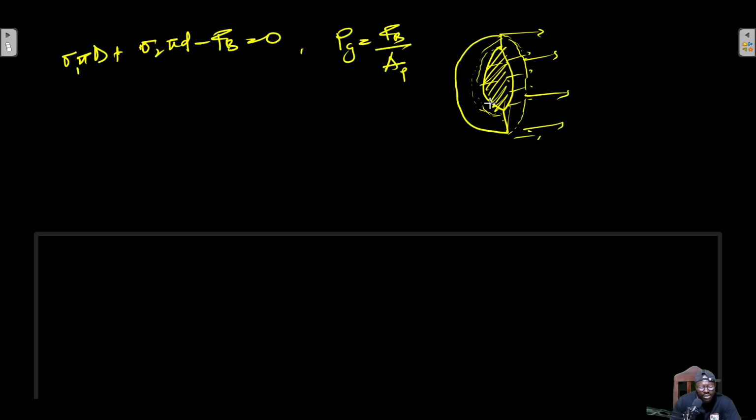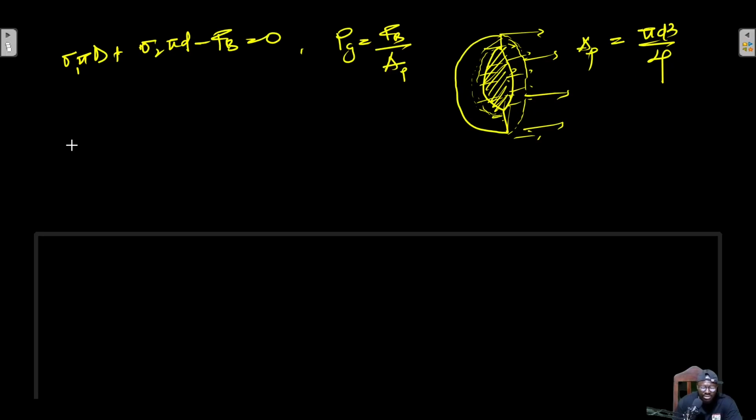That is our projected area. And the projected area is created by the inner diameter. You can clearly see the projected area is created by the inner diameter. I can say my projected area is pi small d squared on 4.